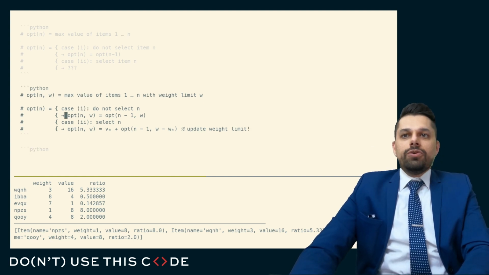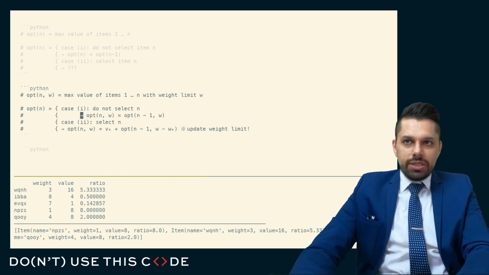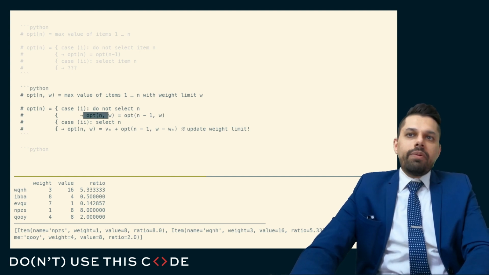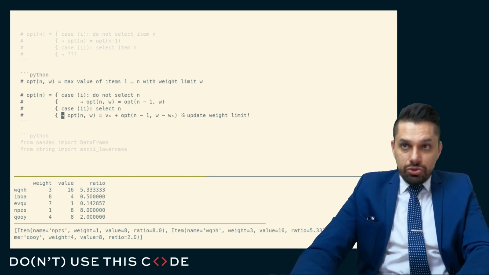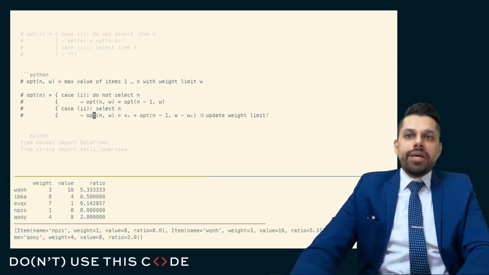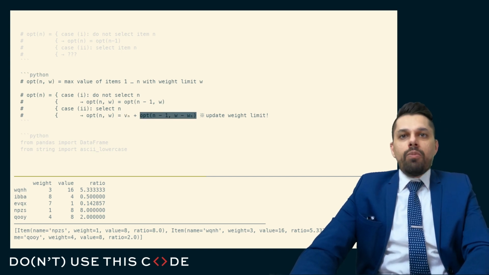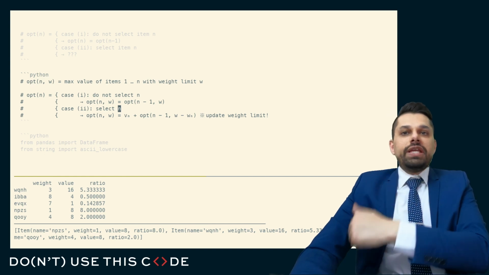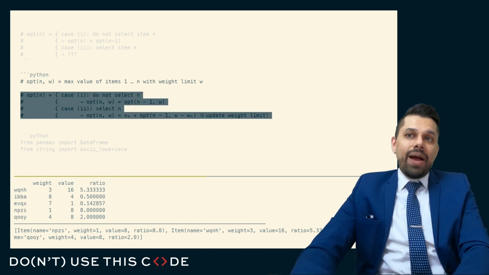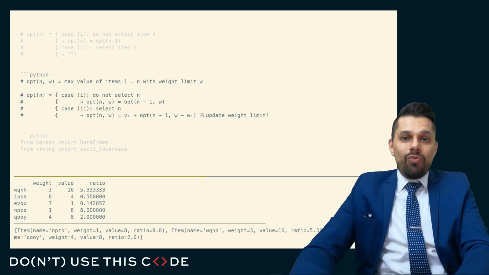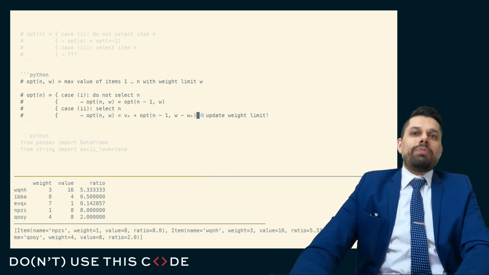Then what I can do is I can say in the case where I don't choose something, then my optimum here is just the same weight limit, but considering 1 fewer item. If I do choose the item, then my optimum is whatever the value of that item was, plus whatever the optimum was for everything not considering that item with a lowered weight. And I want to maximize over these for every single choice, and that gives me my dynamic programming problem.